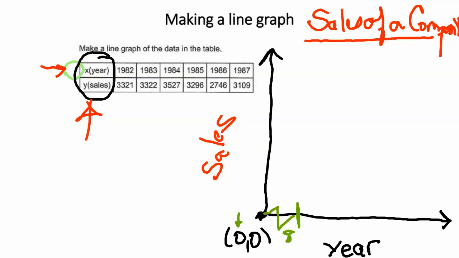So this will be 82, 83, 84, 85, 86, 87. Okay. Now, the Y is a little bit harder. Now, first off, go to the smallest number that's in the Y row.